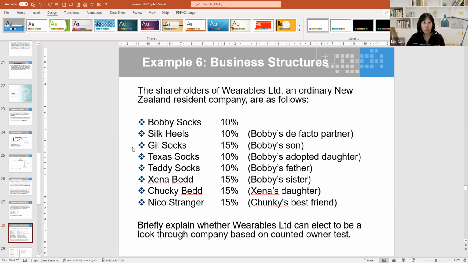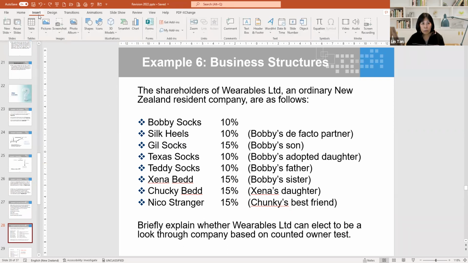So you have to go through them and apply also the associated person rules, because when we did the counted owner test, those who are associated with one another within 2 degrees of blood relationship, they are counted as one person.